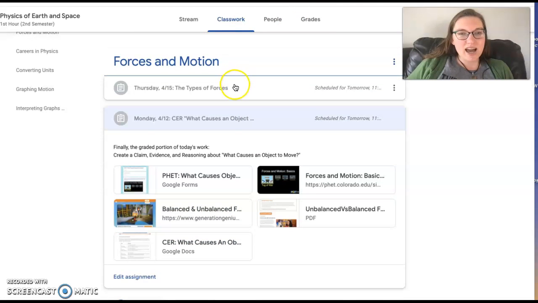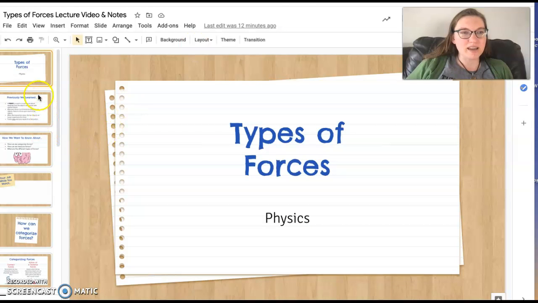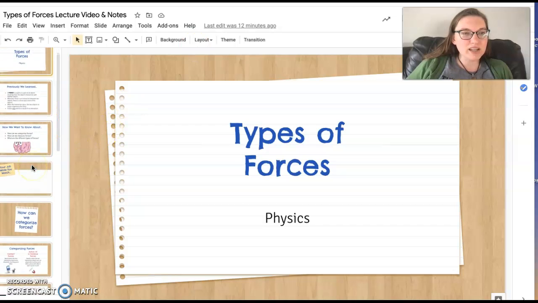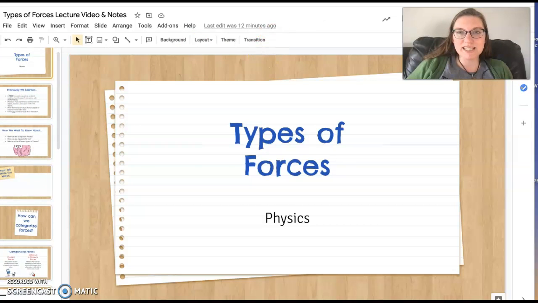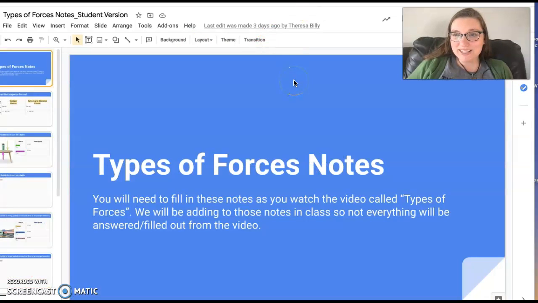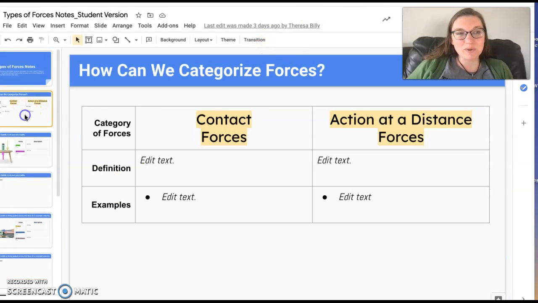Then on Thursday and Friday, we're going to start looking at the types of forces. You're going to watch a video where I talk you through this slideshow about the types of forces. While you watch that, you're going to record some notes in this slideshow. And this is yours to keep.